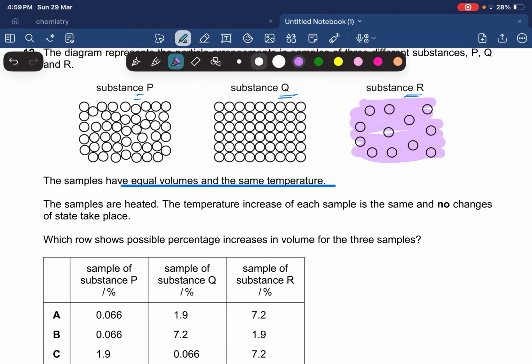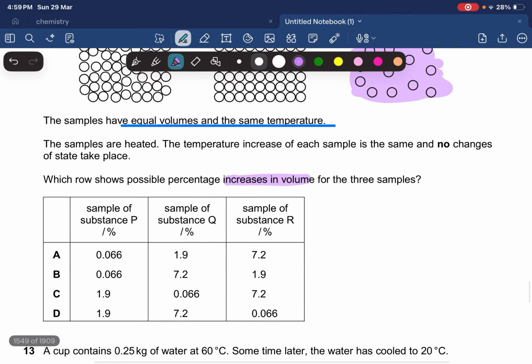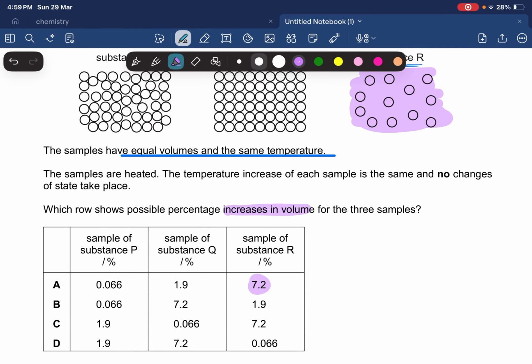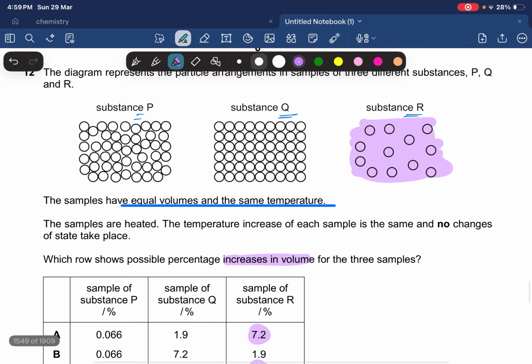Why do gases expand the most? Which possible increase in volume? So the greatest increase in volume is going to be in gas. So sample R is going to have the greatest. After that it's going to be P, because after gases, liquids are going to expand, and the least expansion is going to be observed in solids, because that's the order of expansion.